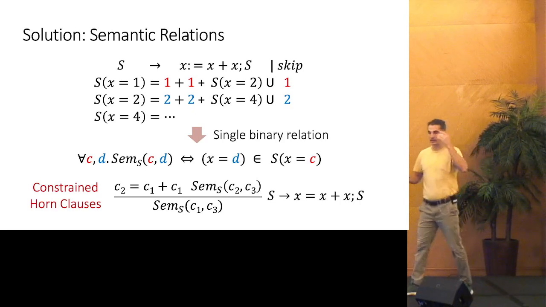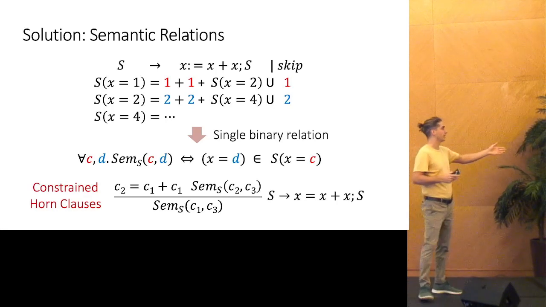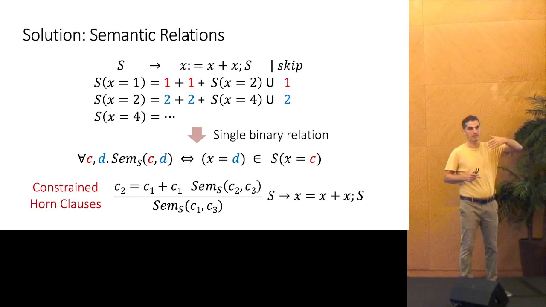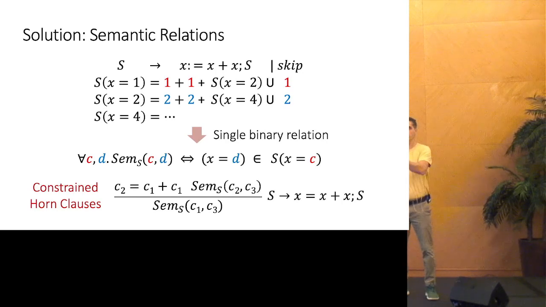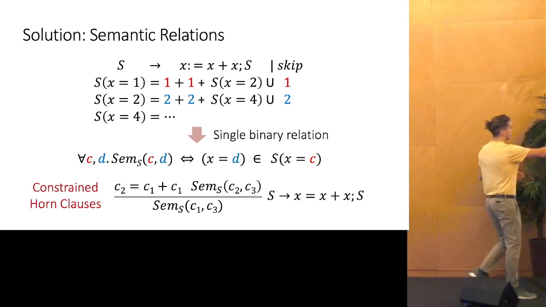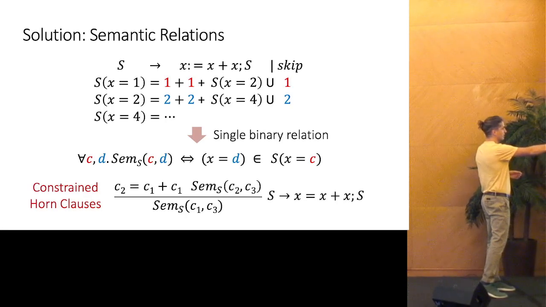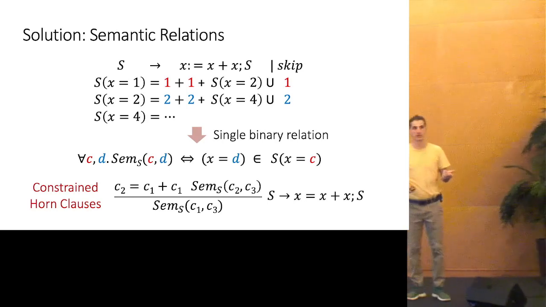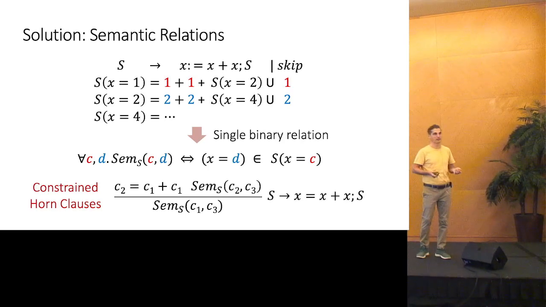Basically, all I'm saying in the implication that you see here is that if I want to model the update S goes to x equals x plus x, I can do this inductively by saying, well, if C2 can go to C3 in S, so I'm basically modeling this side here, and C2 is equal to C1 plus C1, then C1 can go to C3. So I'm just defining the semantics of that operation inductively. So this is really the semantics of sequential composition in statements.